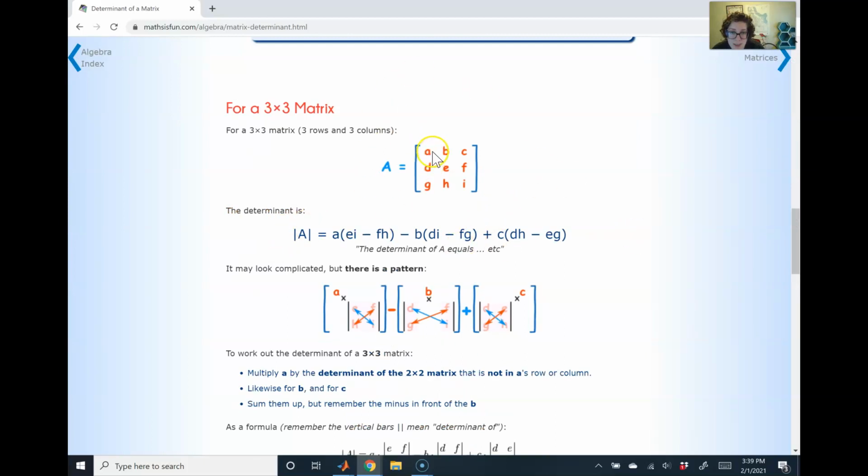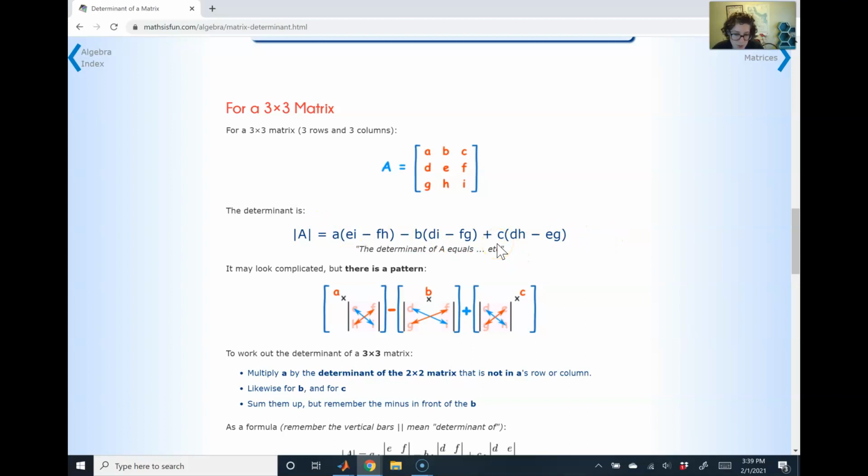It's going to be this A times this minus, so E times I minus F times H. And then that's going to be minus B times D times I minus F times G plus C times D times H minus E times G. So we're going to be using this equation right here.